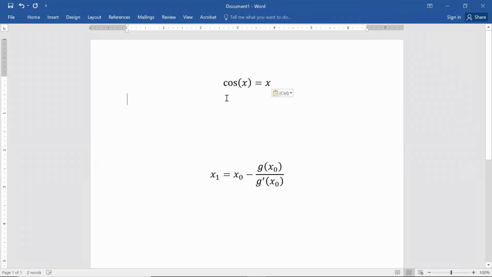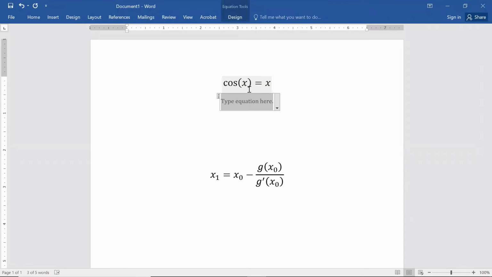If I want to create a function where this equation has a solution, which is the root of a function, all I really need to do is force one side of an equation to be 0. I can either subtract x or subtract cosine x. I think I'm going to subtract x from both sides.